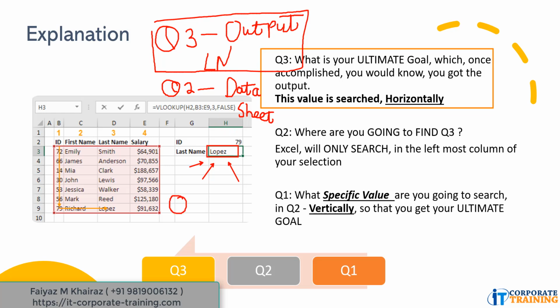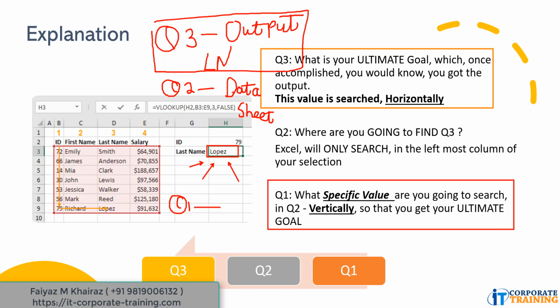Then I would move to Q1. Under Q1, I will ask myself that in this data sheet which I have, what will I need to search vertically so that I get my output? So vertically, I need to search for this employee ID, which becomes the number 79. This is only for my convenience purposes.